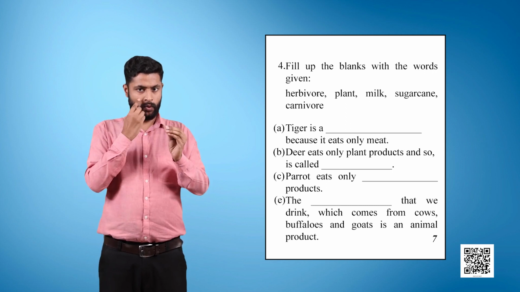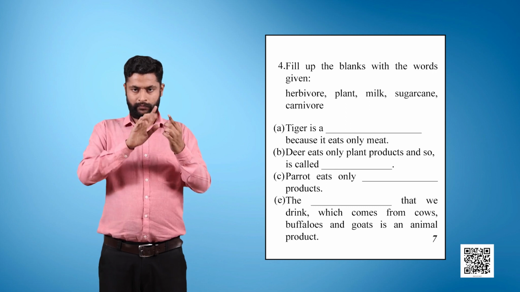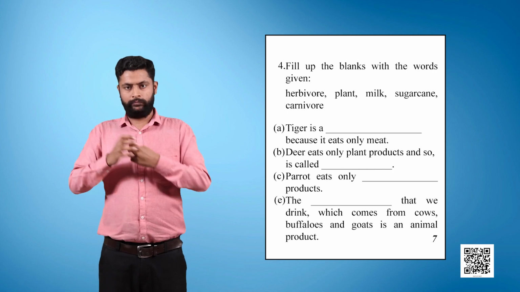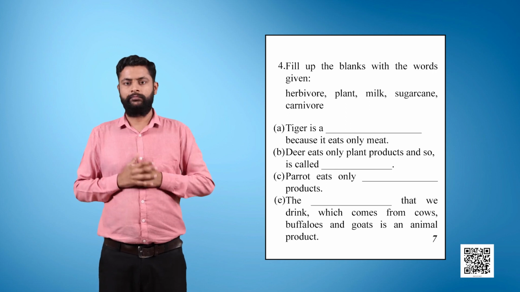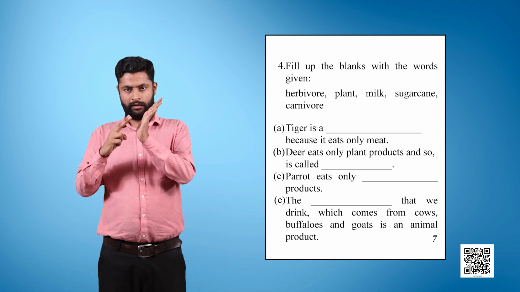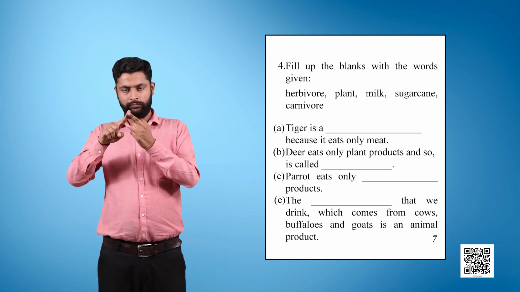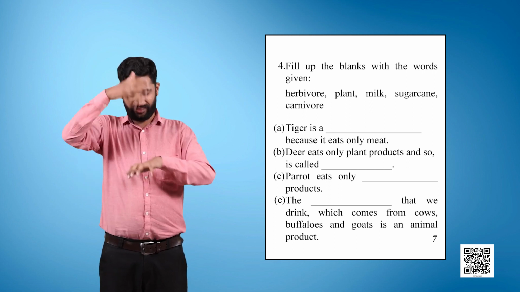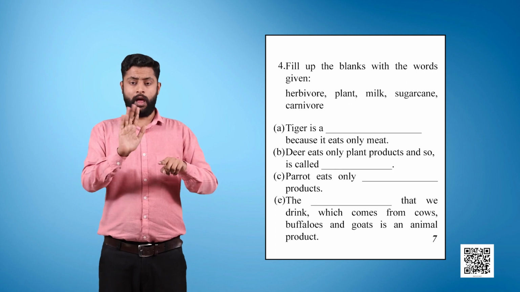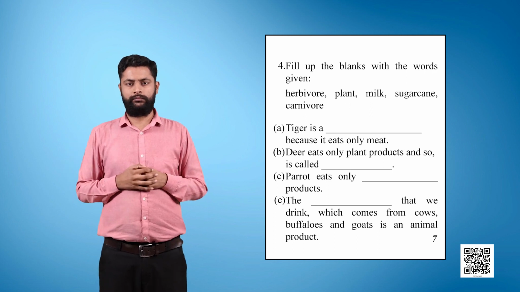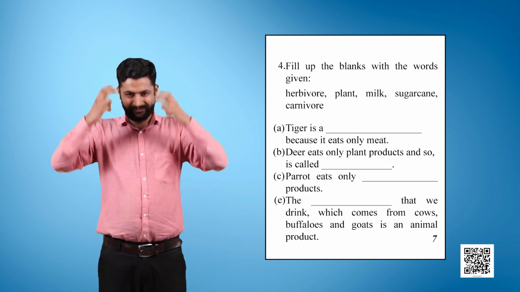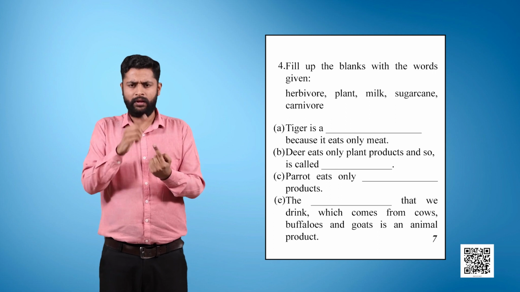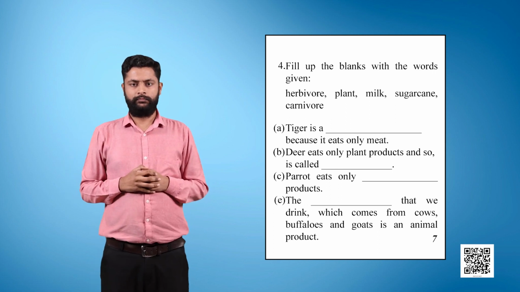Herbivore, plant, milk, sugarcane, carnivore. A. Tiger is a blank because it eats only meat. B. Deer eats only plant products and so is called blank.